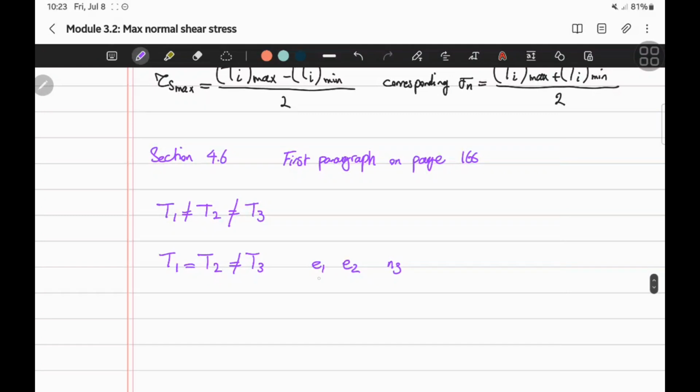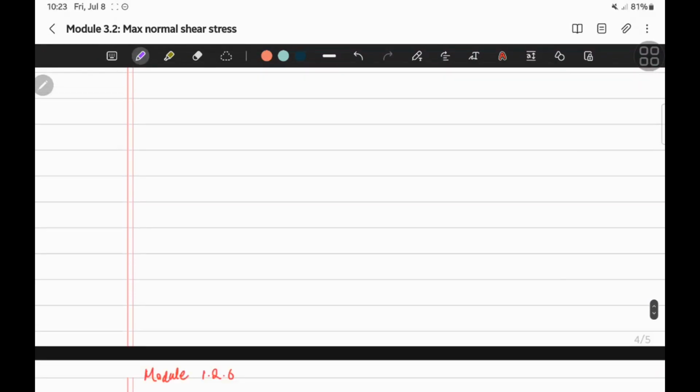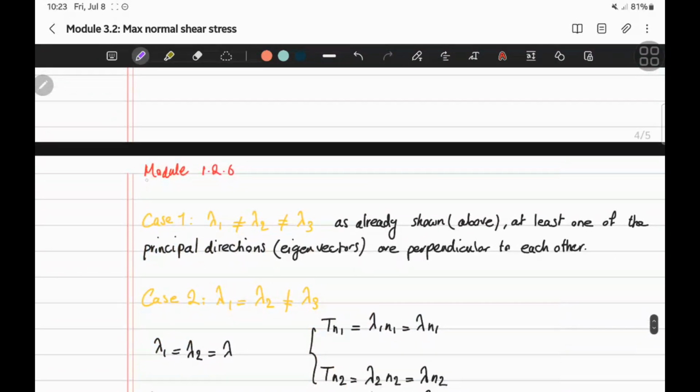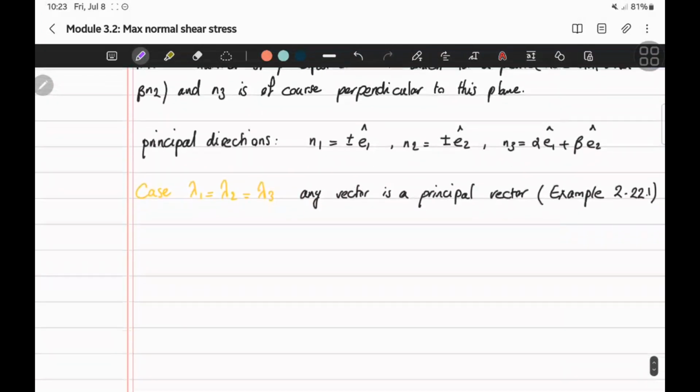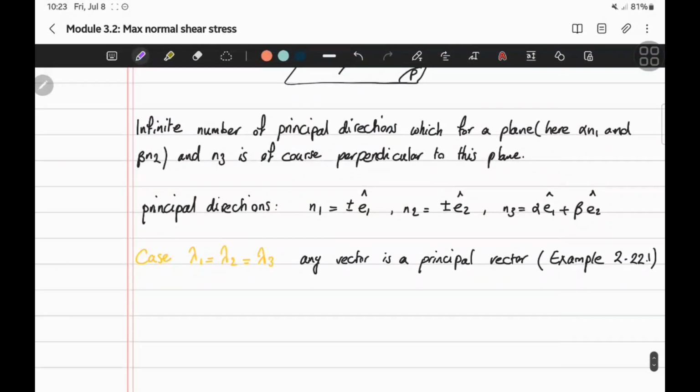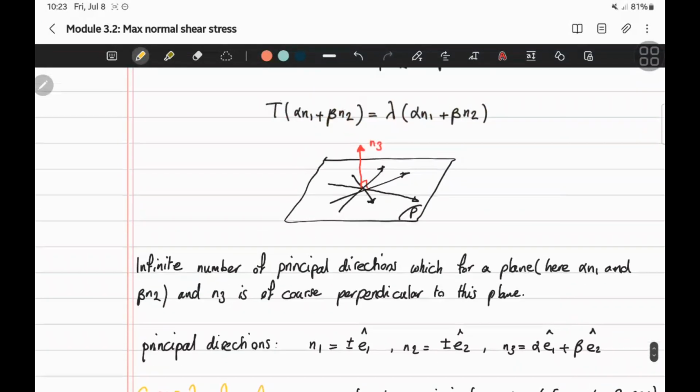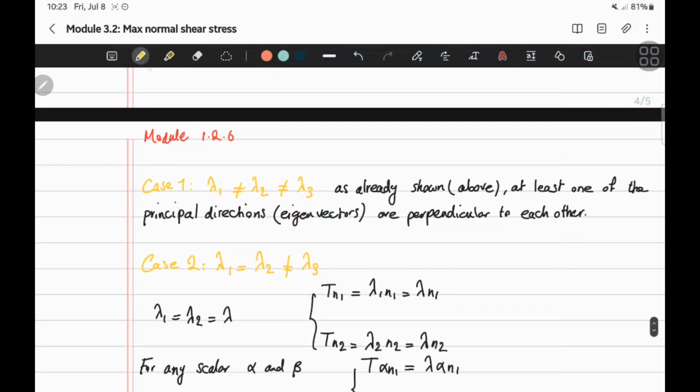So I wanted to mention this, and I bring your attention to our discussion in module 1.2.6, where I already mentioned three cases, case 1, case 2, and case 3, where we had different scenarios for the eigenvalues.